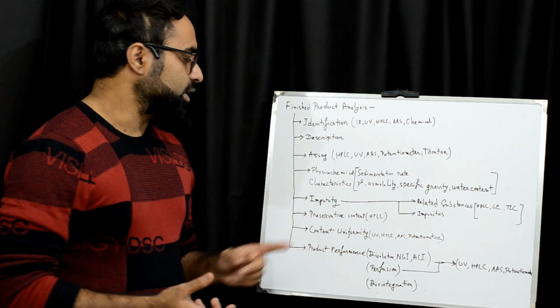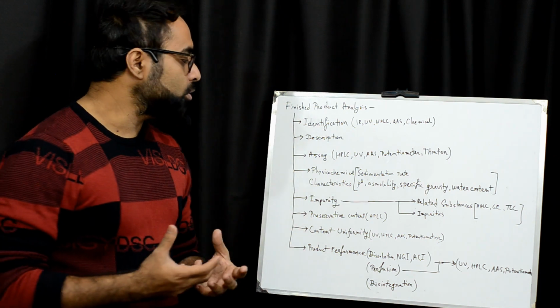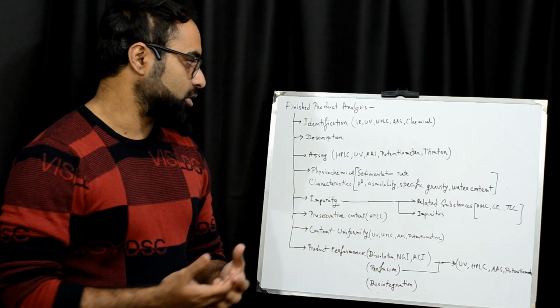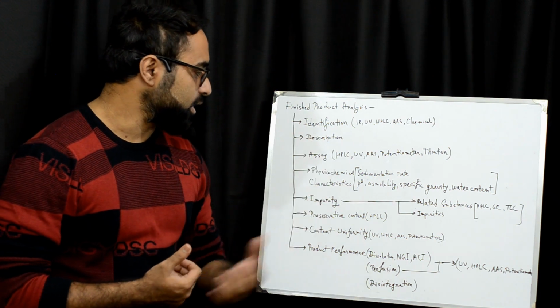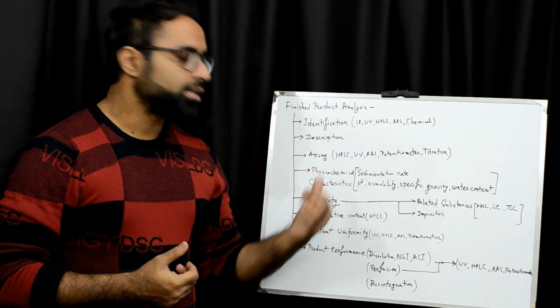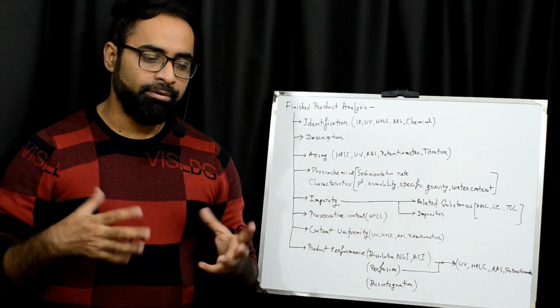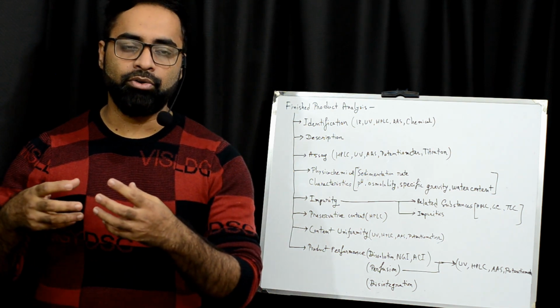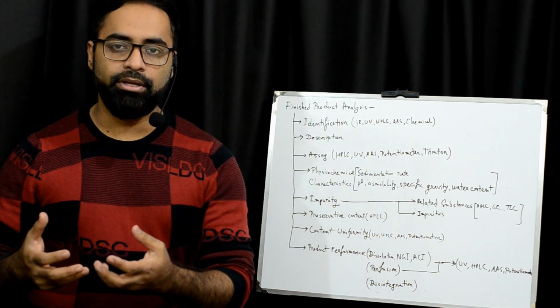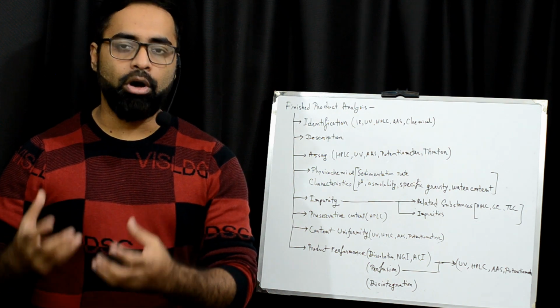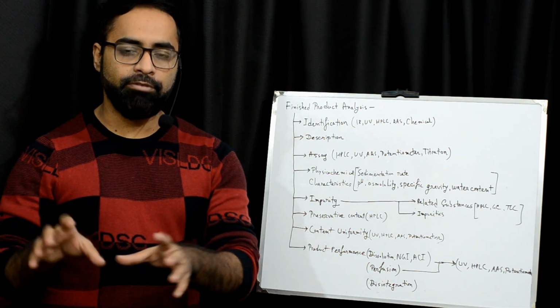Let's move to assay, the next very important aspect of finished product analysis. So what is assay? Assay is the average content of that raw material or that API in that finished product.